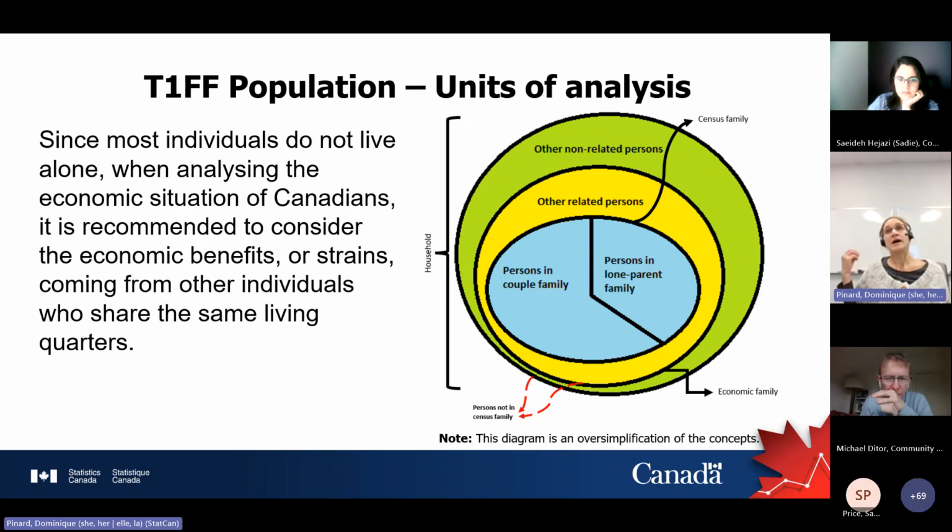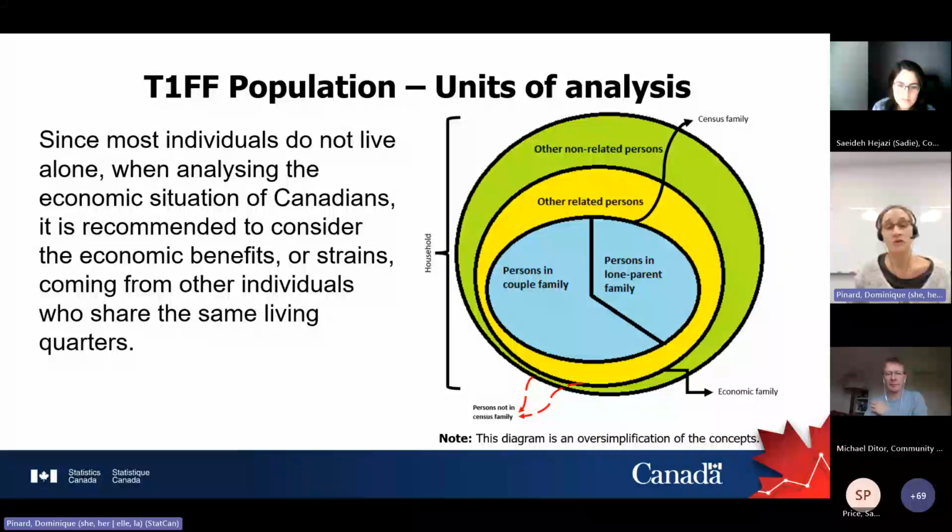Now, if you look at economic family, then you would be looking at census family plus any other related person. So it's possible that the person in a couple family is actually living with grandparents or with nieces. And in that situation, the economic family would cover the couple plus the niece, that would compose one census family, one economic family.